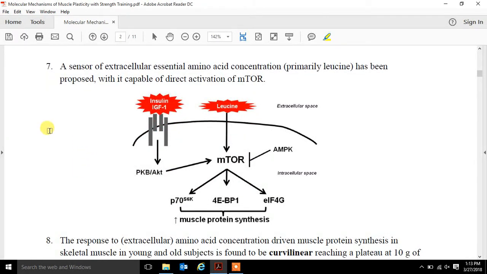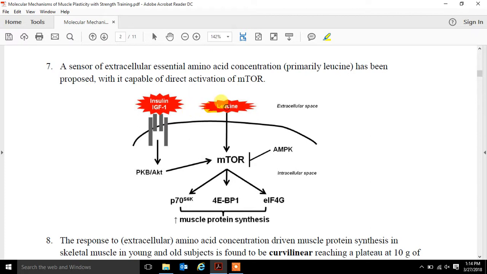So let's just look at this graphically. We've got our extracellular space, we have our intracellular space, here's our plasma membrane of our muscle fiber. So we've got this extracellular essential amino acid, which is usually primarily leucine. It's the one that's most studied.